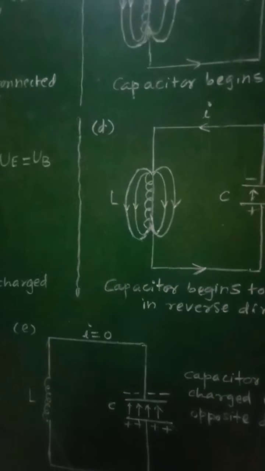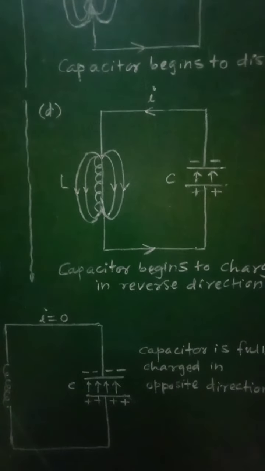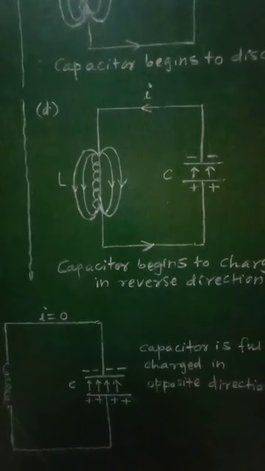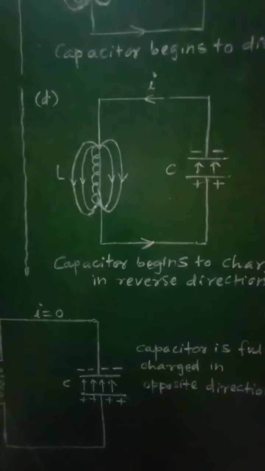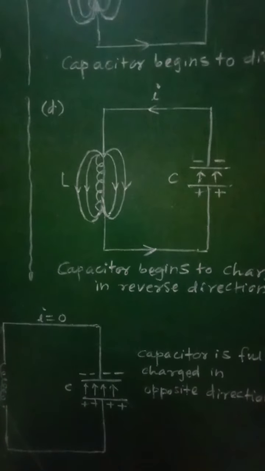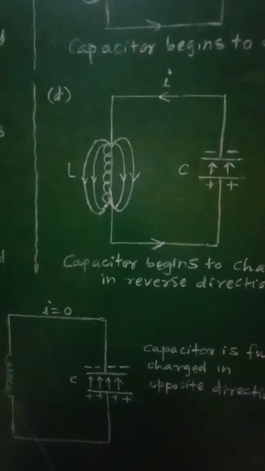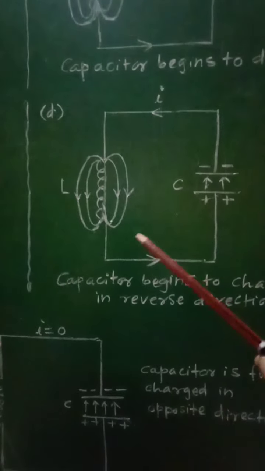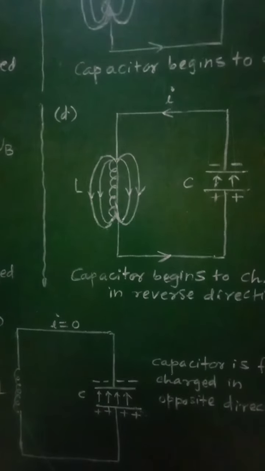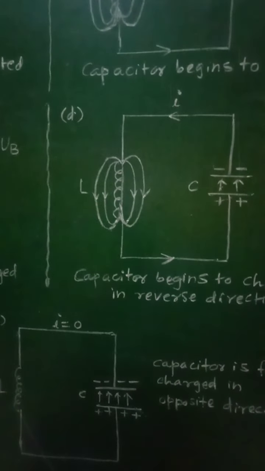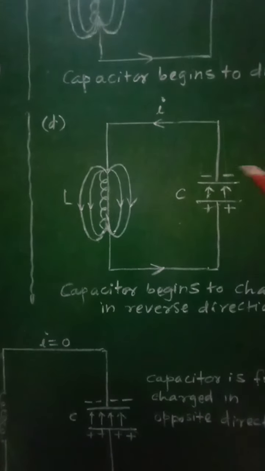And therefore in the fourth case we can say that after the discharge of the capacitor is completed, the magnetic flux linked with this inductor decreases, inducing a current in the same direction in that circuit.